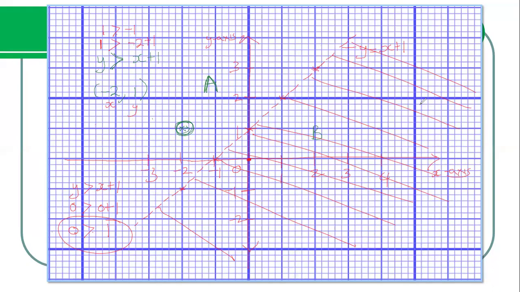Now, when it comes to these ones where you have a diagonal line, the region is either above the line or below the line. Let me know when you finish.